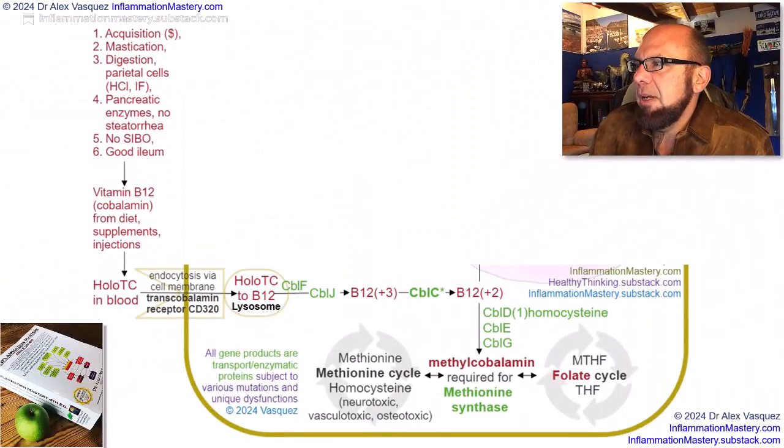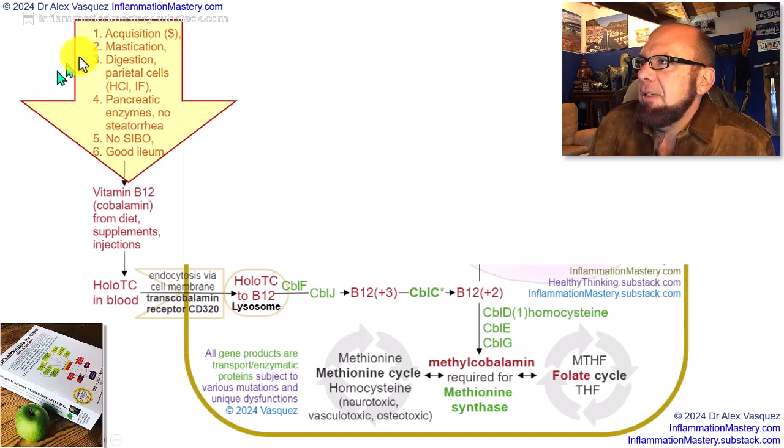So let's start by talking about the basic physiology and pharmacology, starting with the absorption of vitamin B12. Obviously we start with acquisition, mastication, digestion, which requires the parietal cells in the stomach because they secrete hydrochloric acid and intrinsic factor. We then have to have pancreatic enzymes.